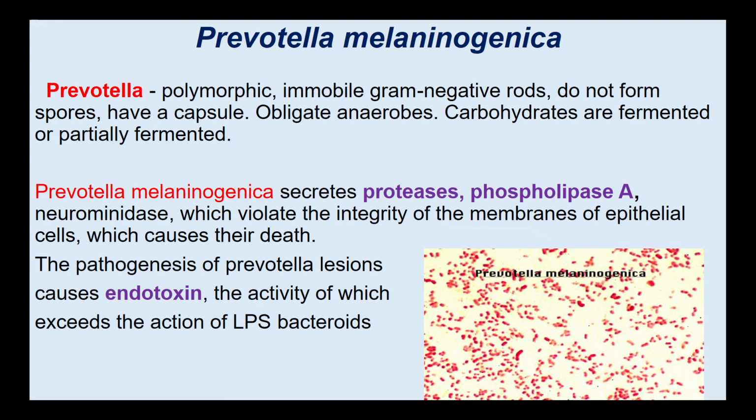Prevotella melaninogenica secretes virulence factors such as protease, phospholipase A, and neuraminidase, which give these bacteria the ability to integrate into epithelial cells, and as a result it can cause the death of these cells.